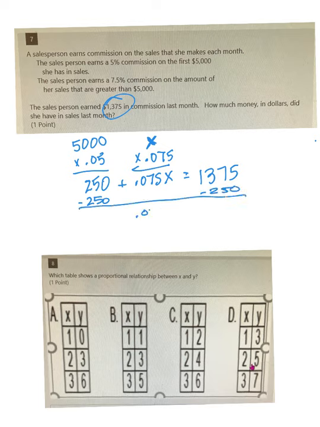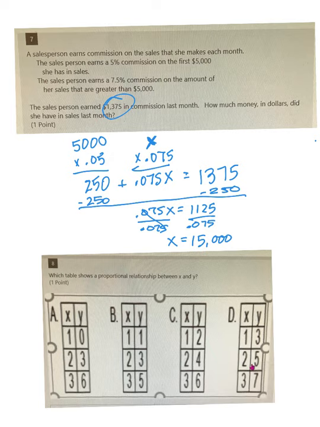We have 0.075x is equal to 1375 minus 250, which is 1125. And now, remember, we want to divide by that 7.5% on both sides, because that will isolate the variable. So 1125 divided by 7.5% is $15,000, but that is not our answer.